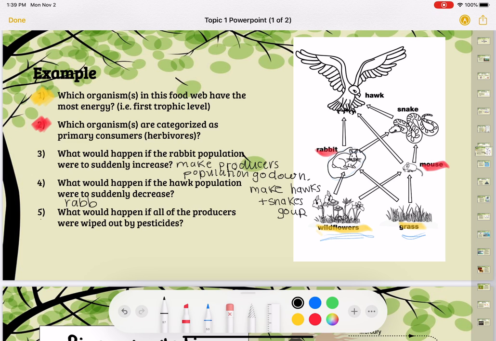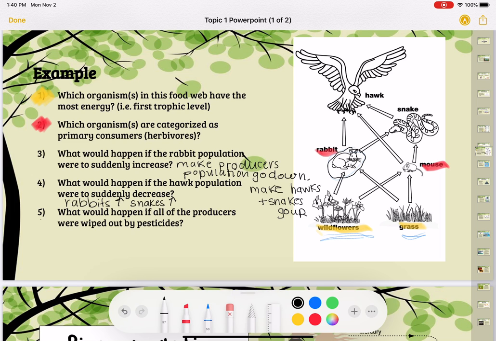I'm just going to write rabbits up, snakes up. Because they have no one or not as many things eating them. But again, if the snake population went up, the rabbits might go down just because the snakes eat the rabbits. But initially the rabbits and the snakes would probably go up.